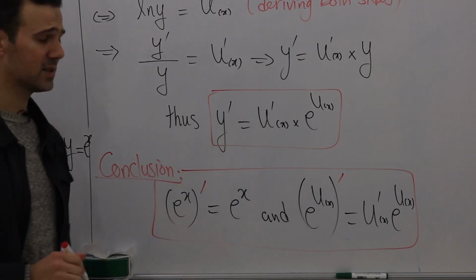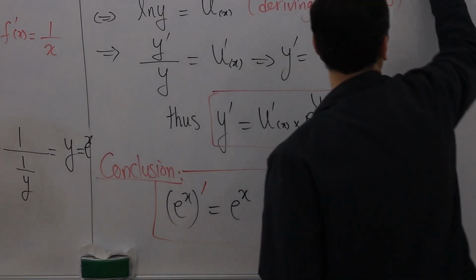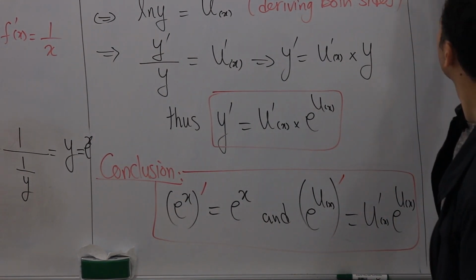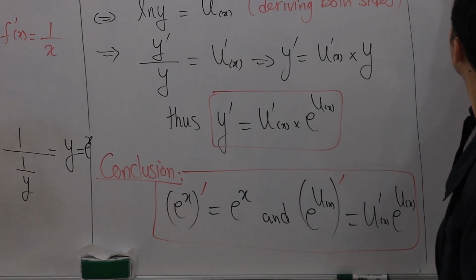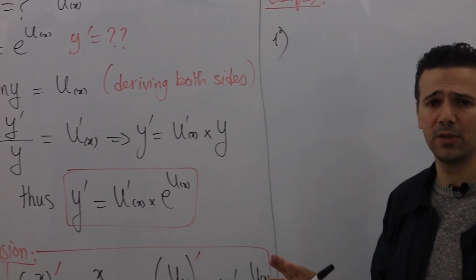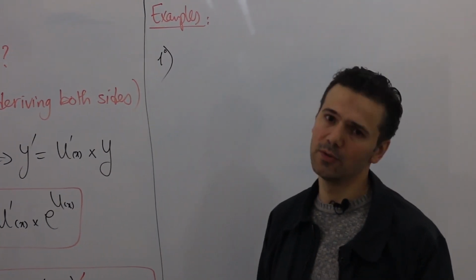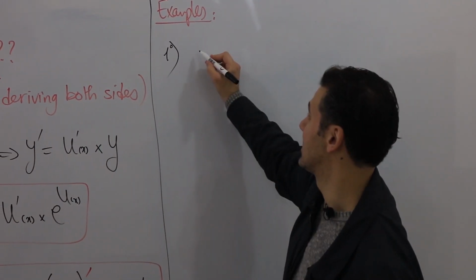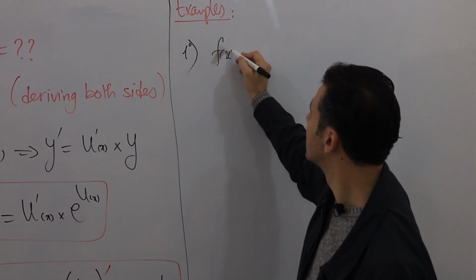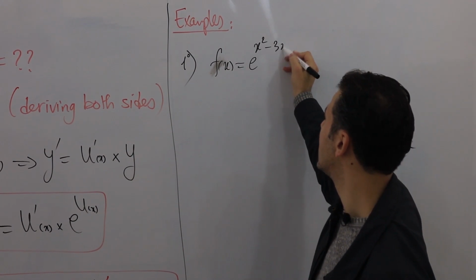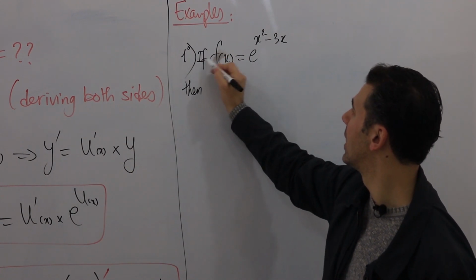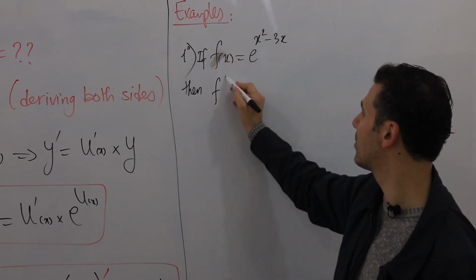Let's do some direct examples on these in order to understand what we have got here. Example one. Again, I advise you to pause this video and try to solve it yourself to get the benefits of this lesson. If we have f of x equal e^(x squared minus 3x), what about f prime of x?